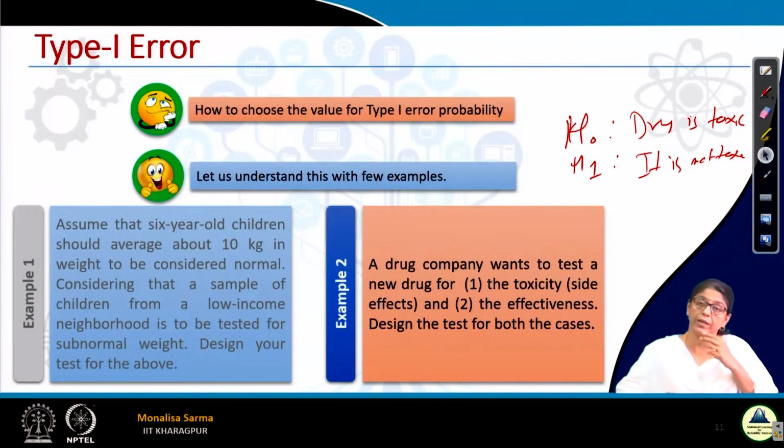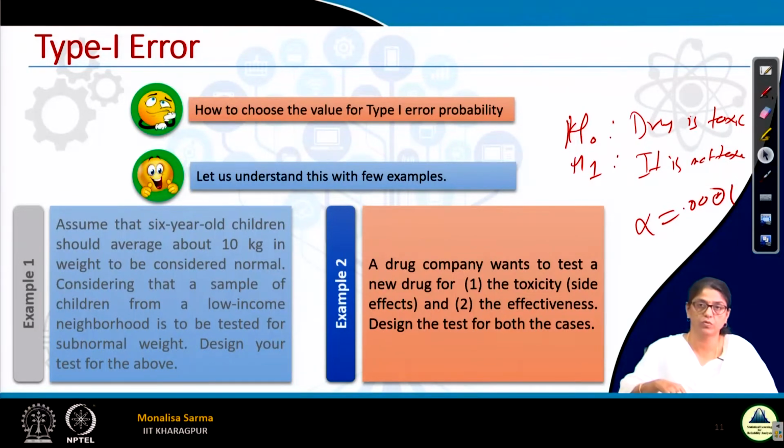See the effect it will have. The drug is toxic, and you are specifying that the drug is not toxic, so it will have a very, very dangerous effect. So in this case my type 1 error is very, very significant. In such a case, maybe I will select my type 1 error as say 0.0001.